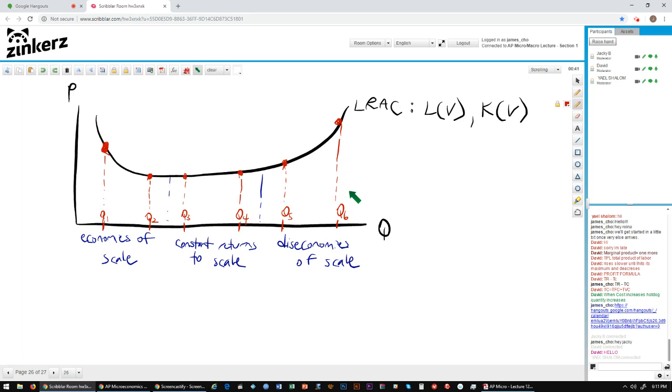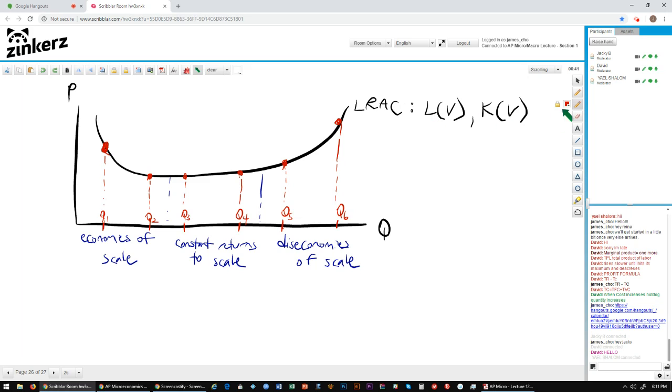The reason for that is you're going from a big production to an even bigger production. What's going to start to happen is a lot of mismanagement. Your company is getting so big that it's very difficult to figure out what each little person is doing. It's very difficult to figure out how much each factory is producing because you have so many factories all around the world.